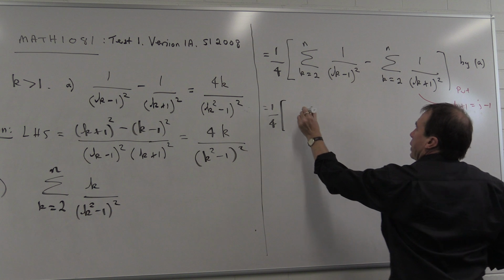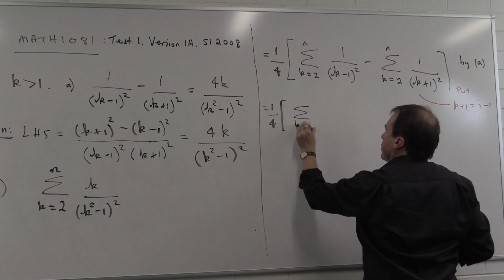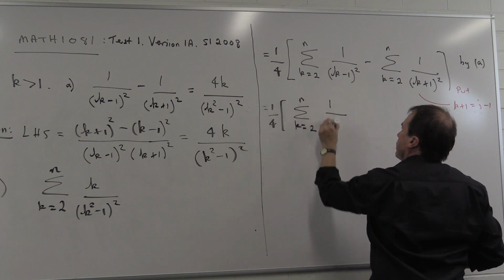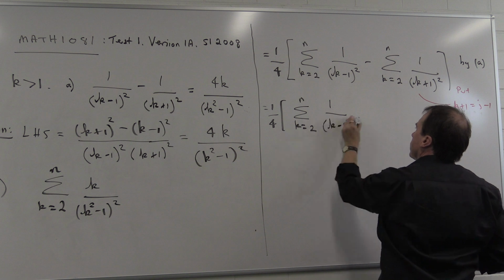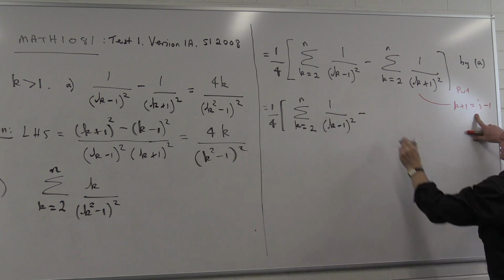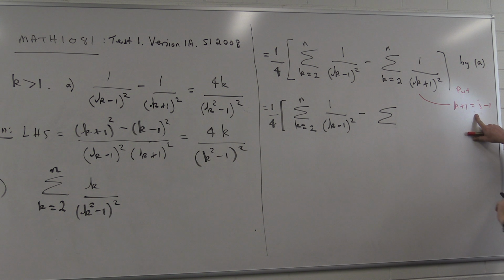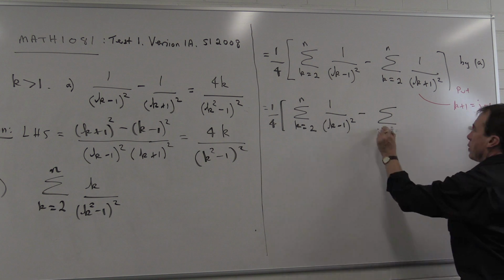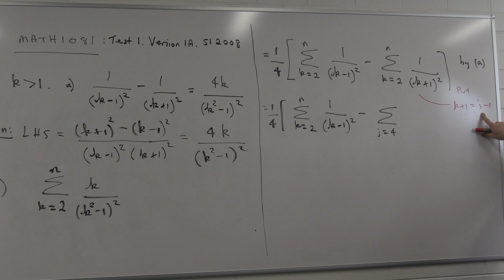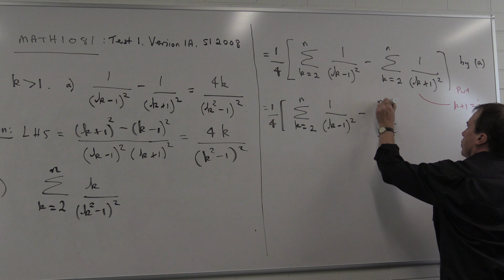Now when I do that, let me just write this down then. So this is k is 2 to n. I'll leave this one alone. So here I have to check carefully. When k is equal to 2, I get 3 here, so j will be 4. And when k is equal to n, then I'm going to get j is n plus 2.